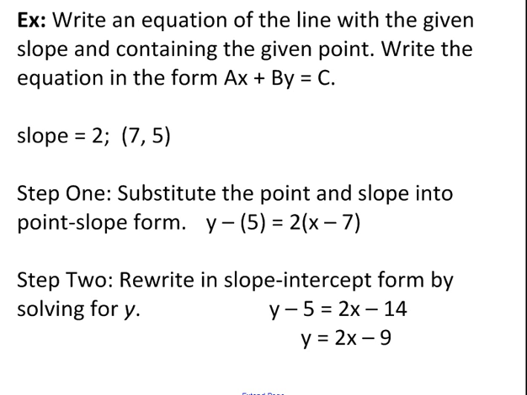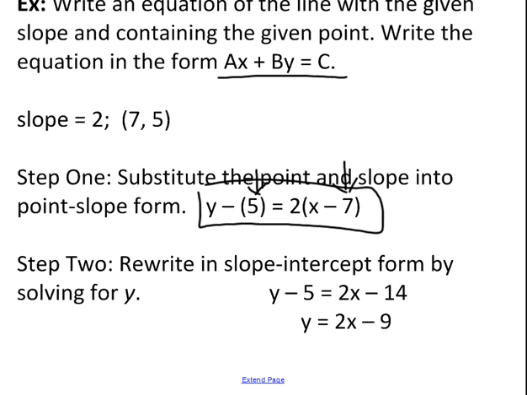On the other hand, if I have the same information, but I want to write the equation in the form ax plus by equals c, you do exactly the same thing, exactly the same process. You still start out with point slope form. You still replace your y value, still replace your x value. But you have to put your answer in standard form.